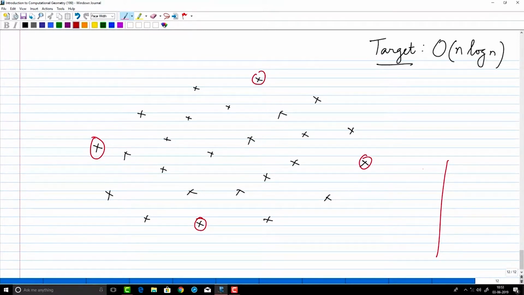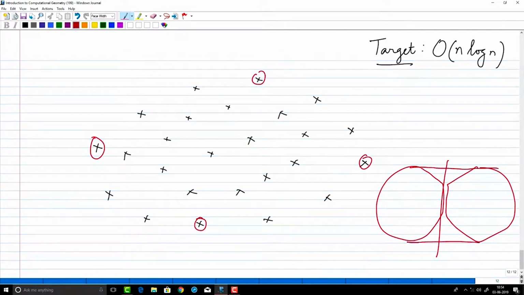I can compute the convex hull of the left part, the convex hull of the right part, and then probably I have to figure out a common tangent kind of thing in linear time, such that it bridges these two convex hulls.